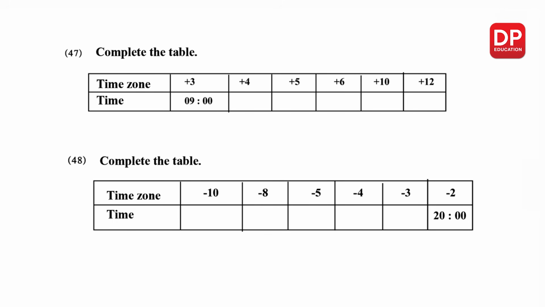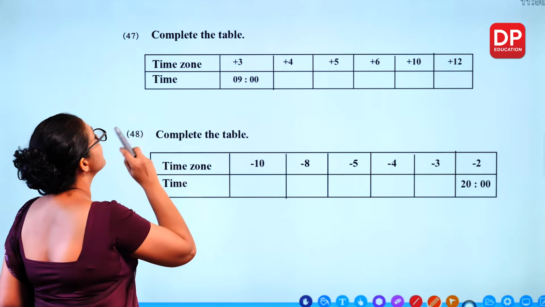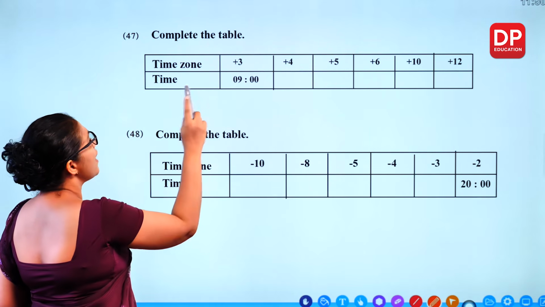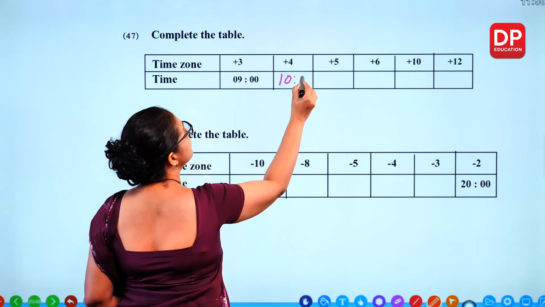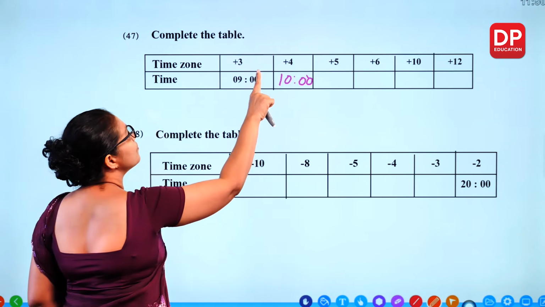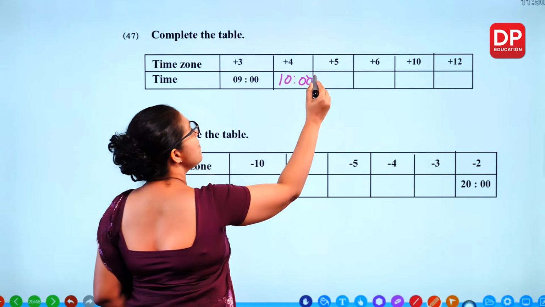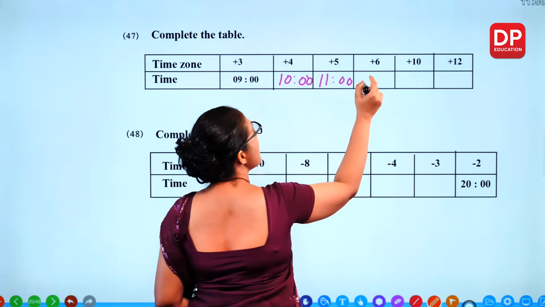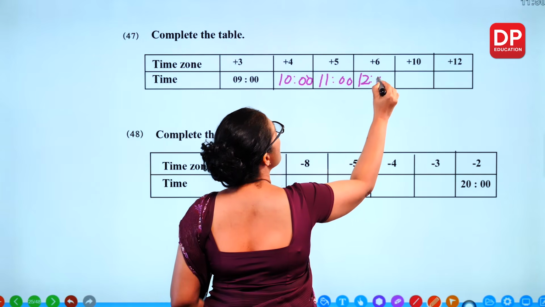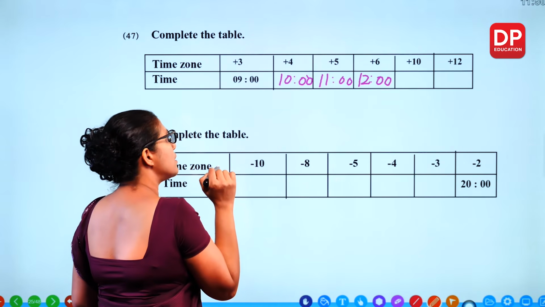Complete the table. Time zone given, plus 3, is 9 in the morning. Plus 4, adding 1, that's 10. Plus 5, you are adding 1 more. Plus 6, adding 1 more. That's 12, noon.